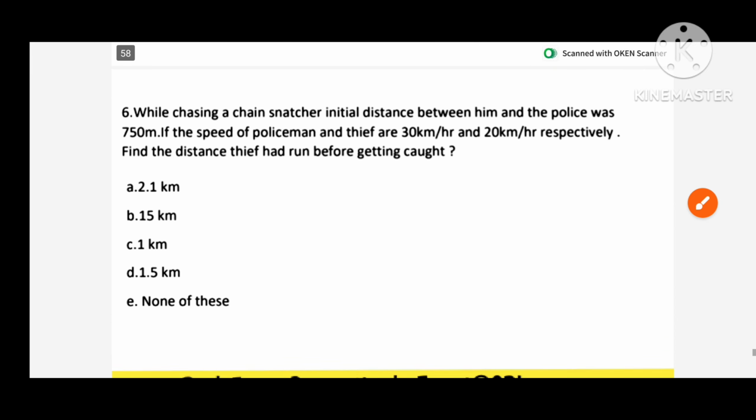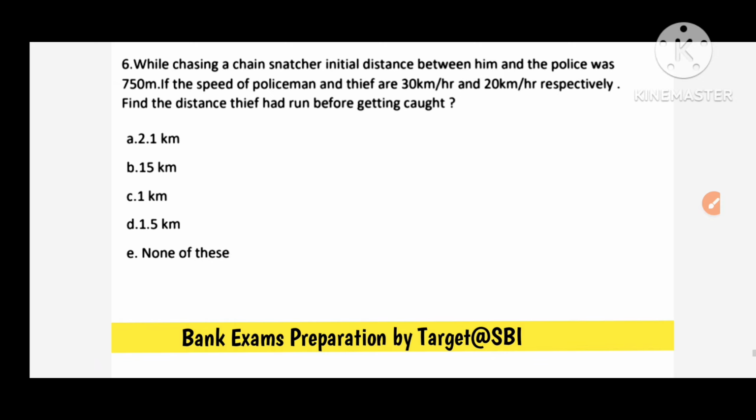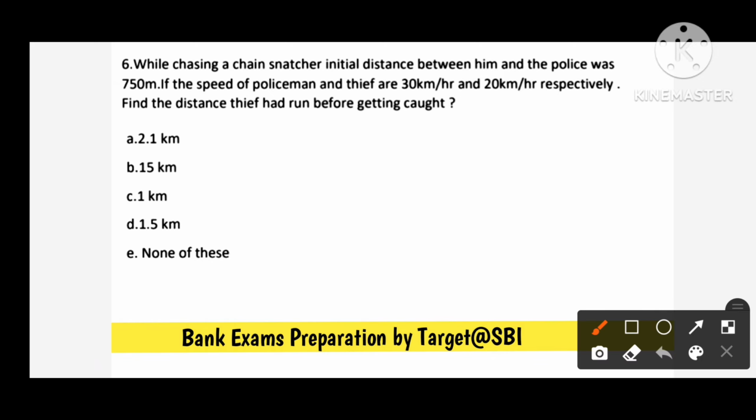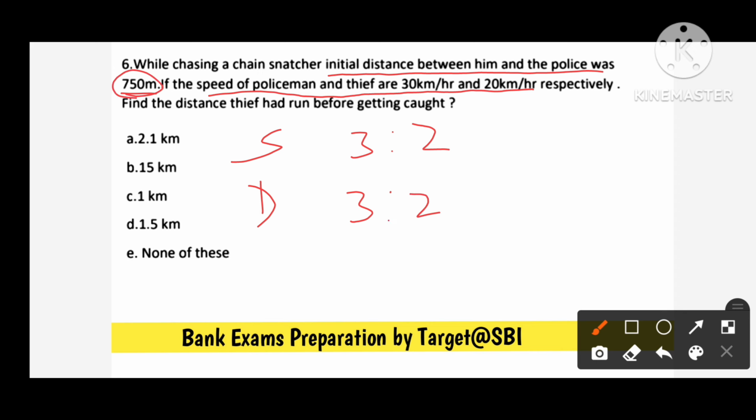Next, question number 6. While chasing a chain snatcher, the initial distance between him and the police was 750. If the speeds of the policeman and the thief are in the ratio 3:2, the distance ratio will be the same, 3:2. The distance between them means the difference between these two, so one part value is given as 750 meters.